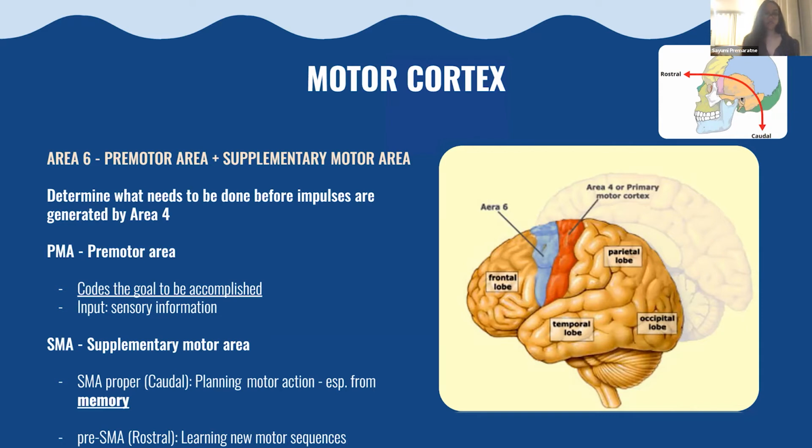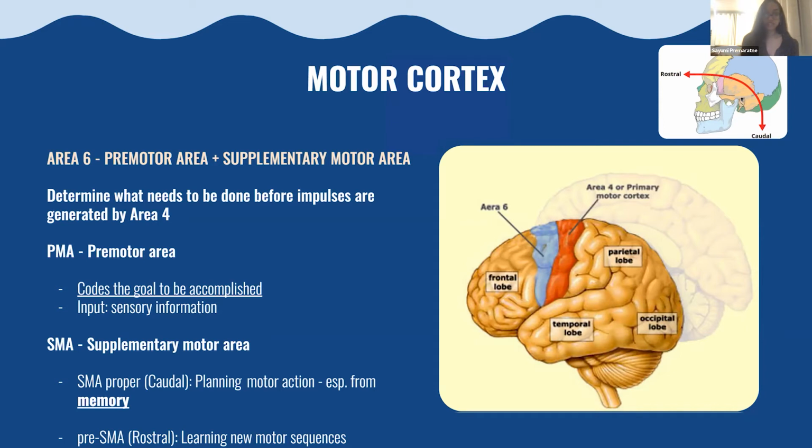So the premotor area is more responsible for coding the actual goal that needs to be accomplished. So things like sensory information will input into that area so that your brain can use visual or auditory clues to aid in determining what it needs to do.